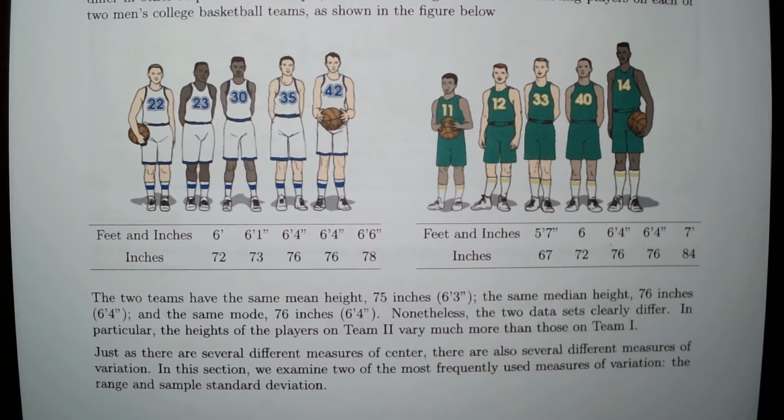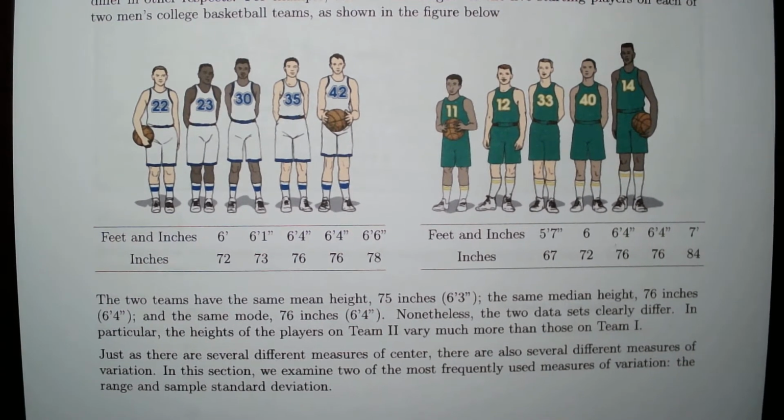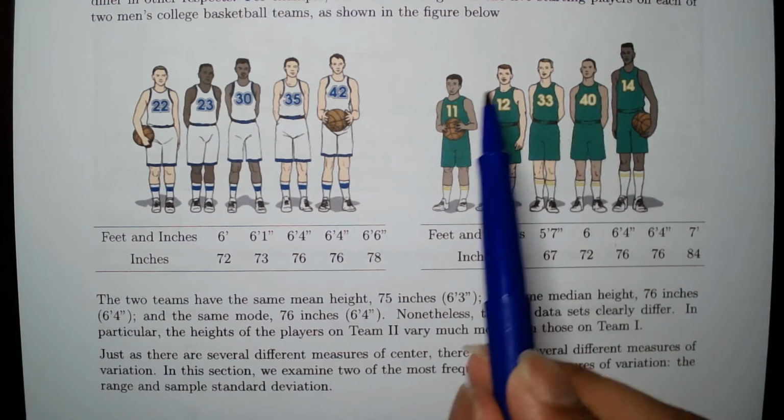However, if you observe the players, they have differences in other aspects, like the differences in their heights. So what we're going to look at in this section is how dispersed the data is.